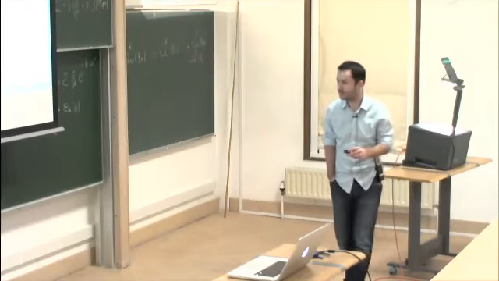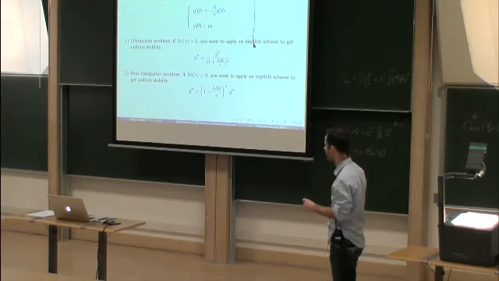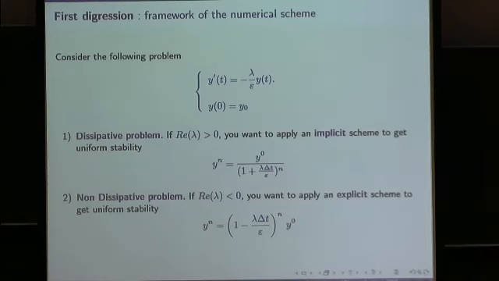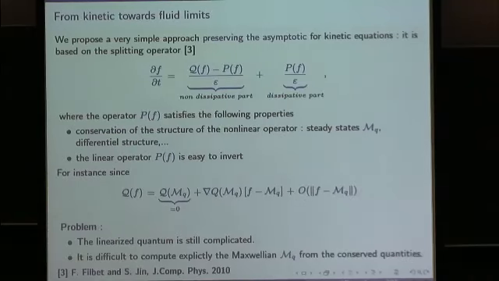If the real part of lambda is negative, the numerical solution is uniformly stable. You don't have to impose any condition on delta t in order for the numerical solution to be stable. So it's exactly what we want to apply to our problem now.